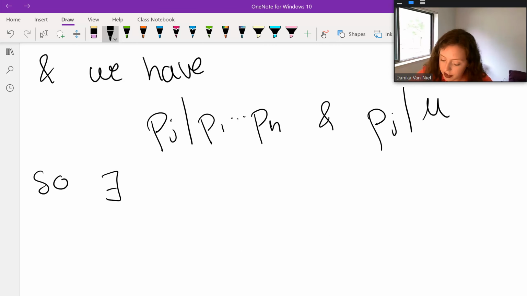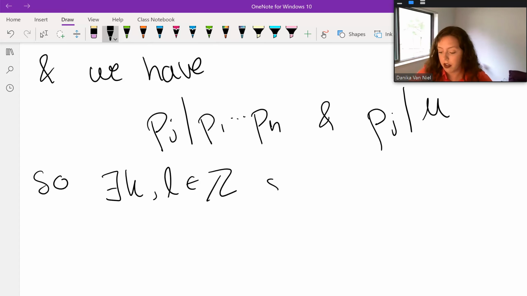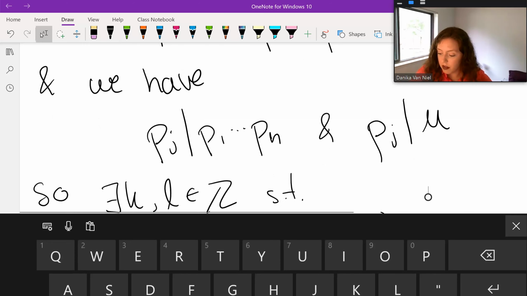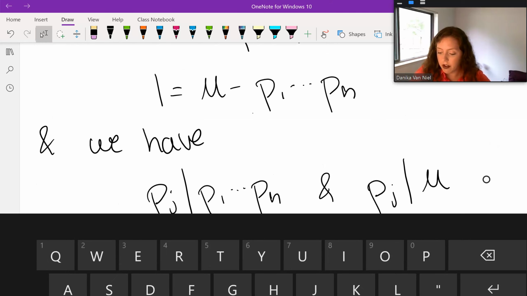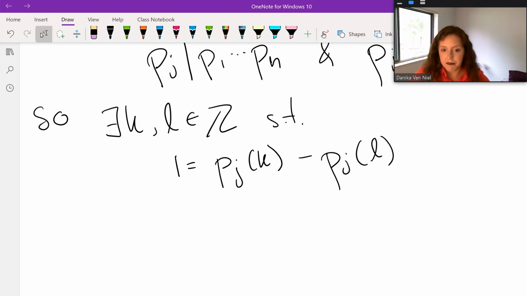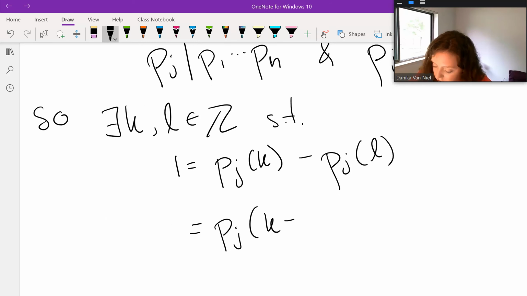So by definition of division, there exists a k and an l in the integers such that 1 equals Pj times k minus Pj times l. Pj times l is this thing, and Pj times k is M. So we can combine these two. Now we have Pj times (k minus l) equals 1.